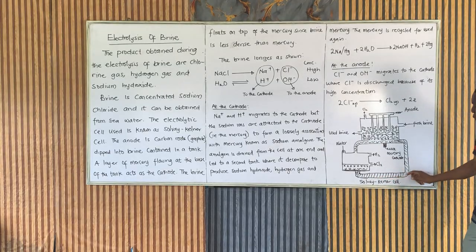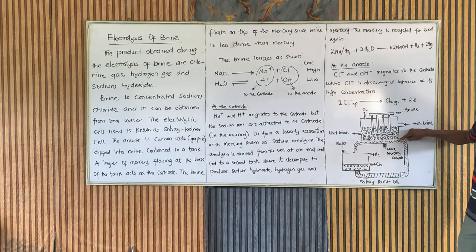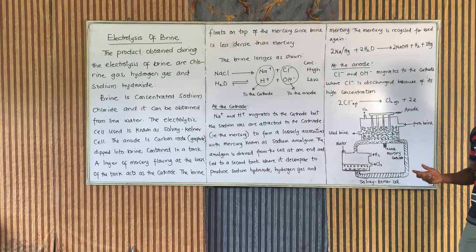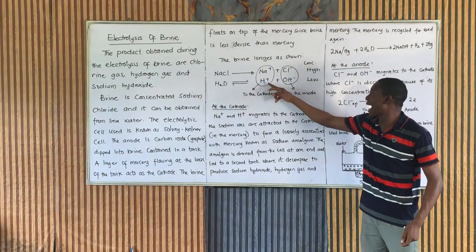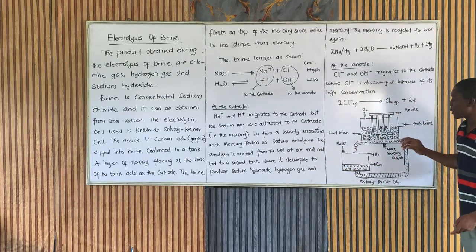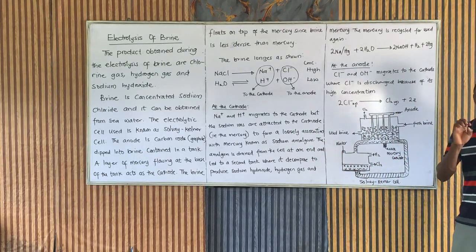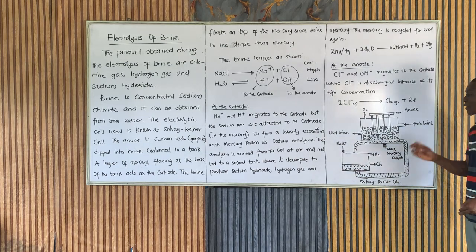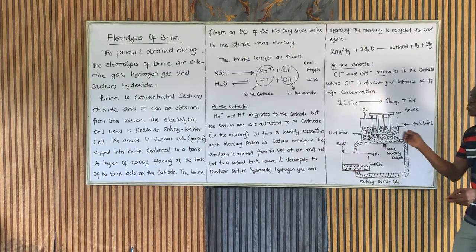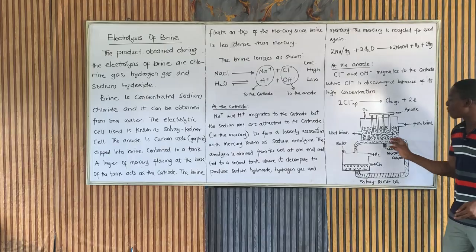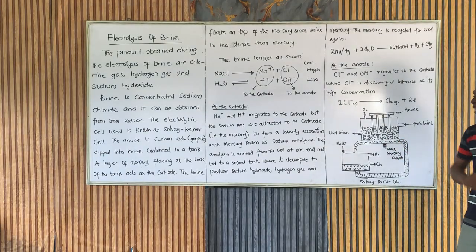Now, see what happens here. As the mercury flows, it mixes with the brine and collects the sodium ion, because remember, we have sodium and hydrogen going to the mercury. But mercury attracts the sodium because of the affinity mercury has for sodium. It attracts the sodium ion to form what we call sodium amalgam.